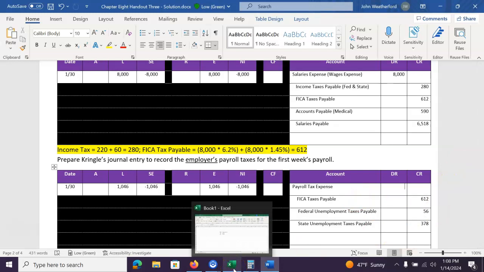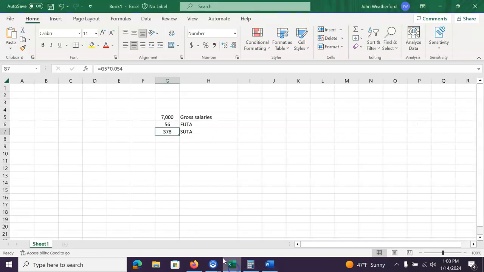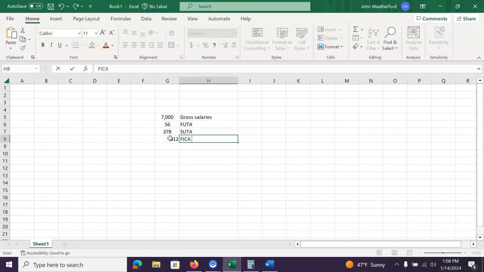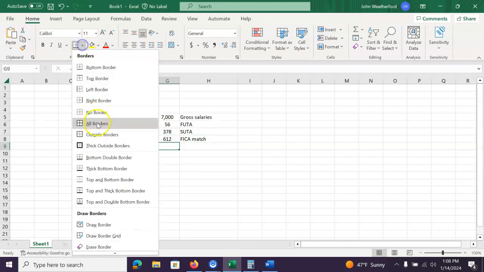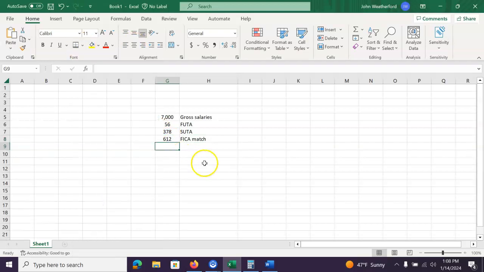We already have the 56 and the 378 there. Let's add in the 612. That's the FICA match. All right, and then now let's just total these. Love these little top and bottom bars here.